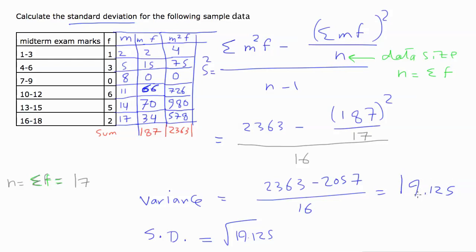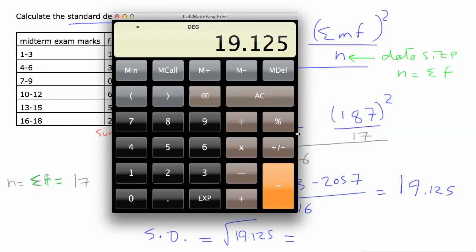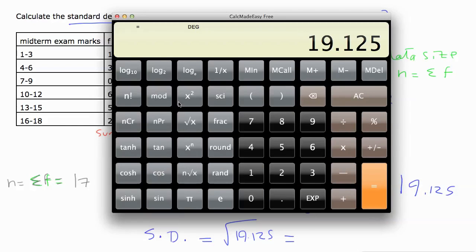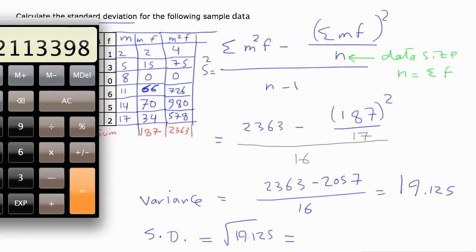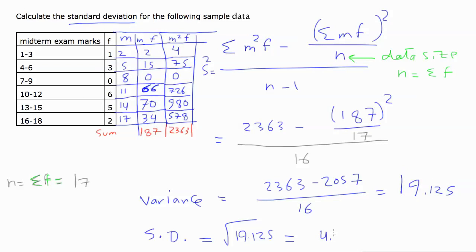If you use any number, use it as accurately as possible. So we get the square root of this number, and that's it: 4.37 approximately.